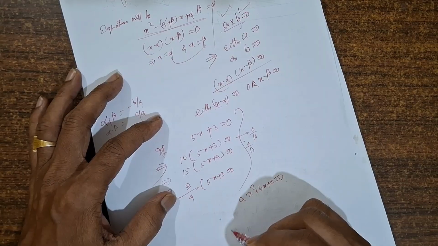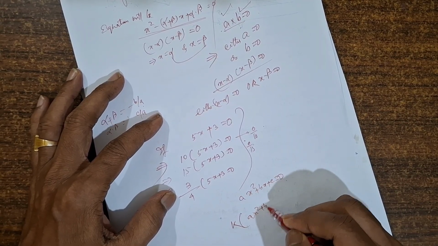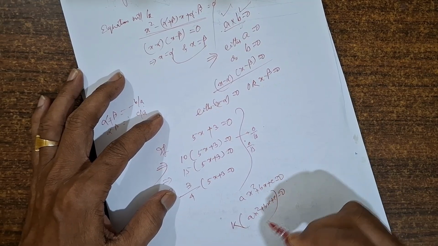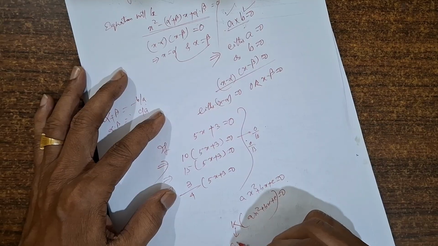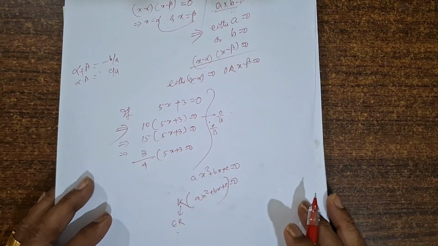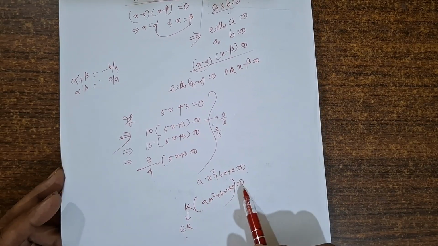So in general, if ax square plus bx plus c is equal to 0, then k into (ax square plus bx plus c) is also equal to 0, if k belongs to R, any real number. If you multiply, the value will be 0.